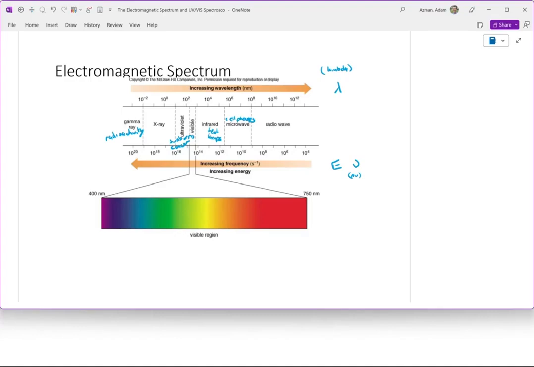Things that are higher energy are often more dangerous than things that are lower energy. So that's the first thing to keep in mind: the more dangerous side is higher in energy. Therefore the radio waves and microwave side is lower in energy, less dangerous.